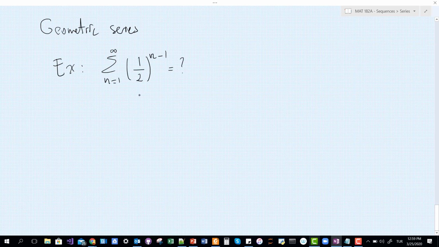This type of series will be called the geometric series, but today we're going to improve a general technique for finding the sum of this type of series. As you see, in the general term of a geometric series, you need to have a number, which we are going to call r, and then you need to have the power in that series. That's why the general definition should include that type of number, but you may always multiply by another constant number.